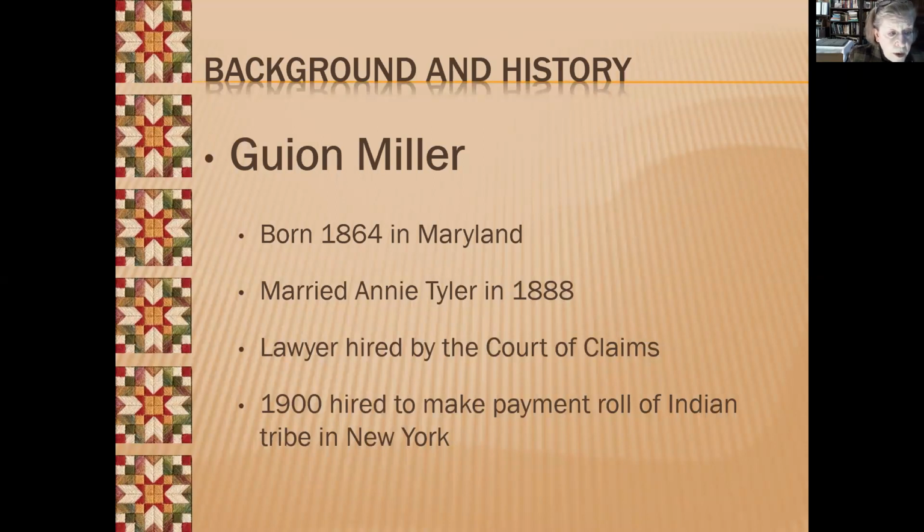He was born in Maryland in 1864. He married a lady named Annie Tyler in 1888. He was the lawyer who was hired by the Court of Claims, which is the court that eventually decides and rules in favor of the Cherokees.